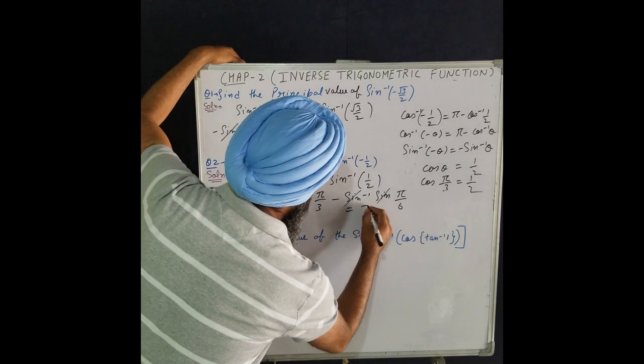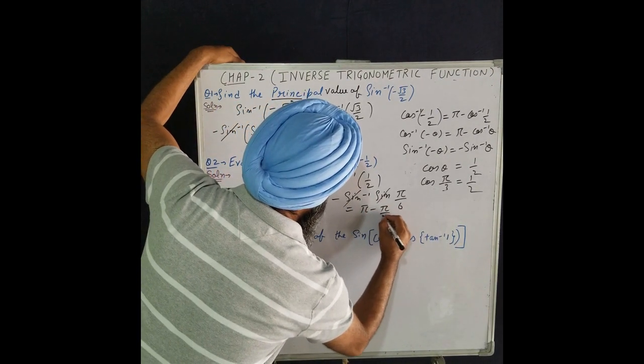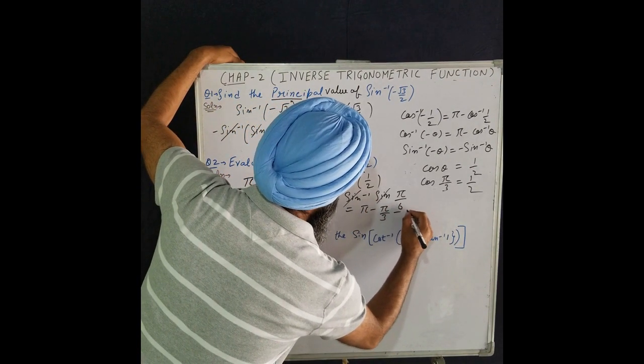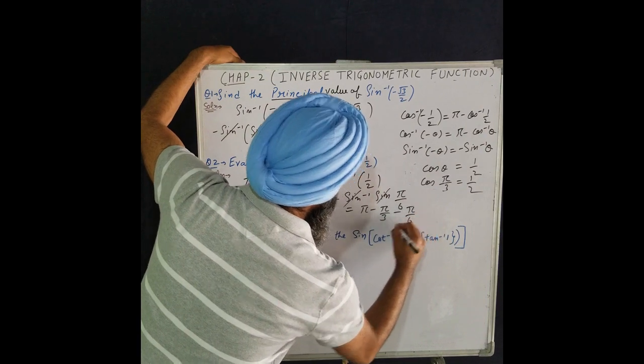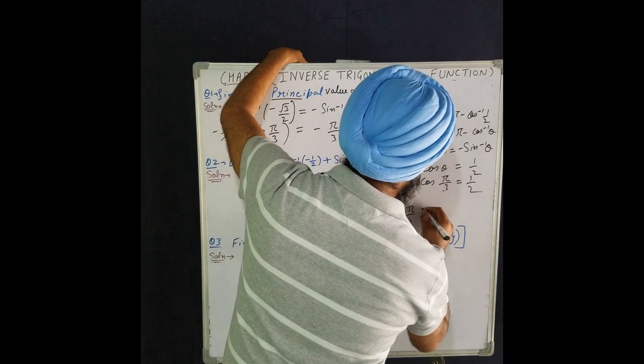Then the value comes out to be pi minus pi by 3 minus pi by 6. Okay, take the LCM, beta.